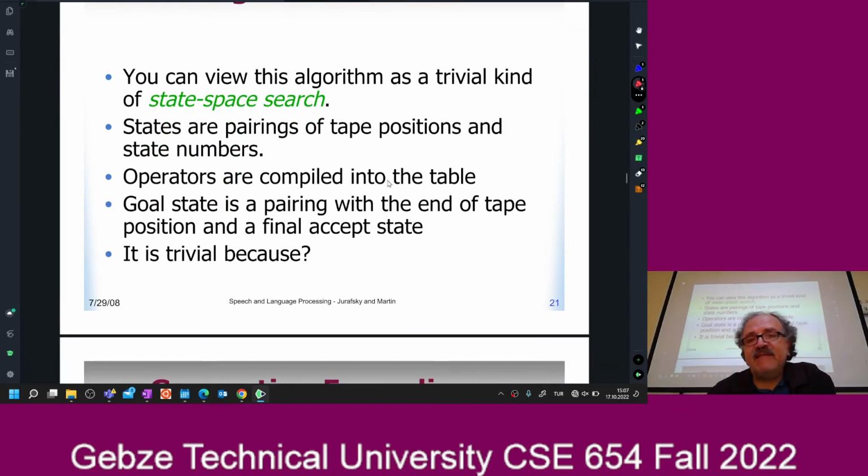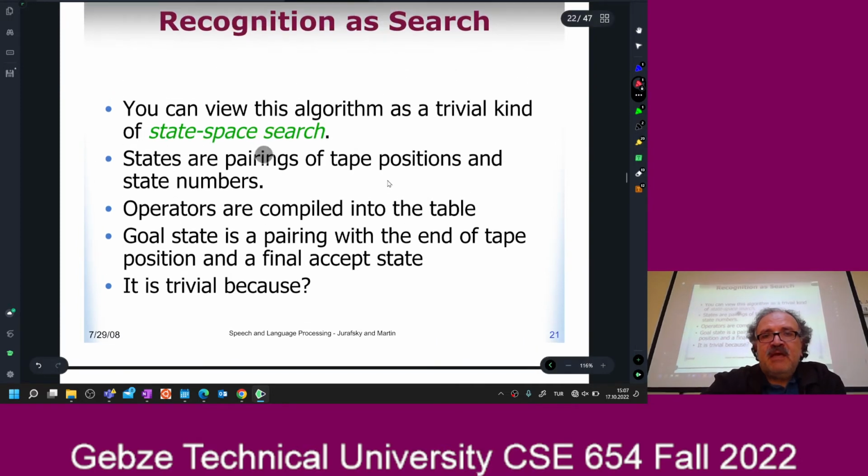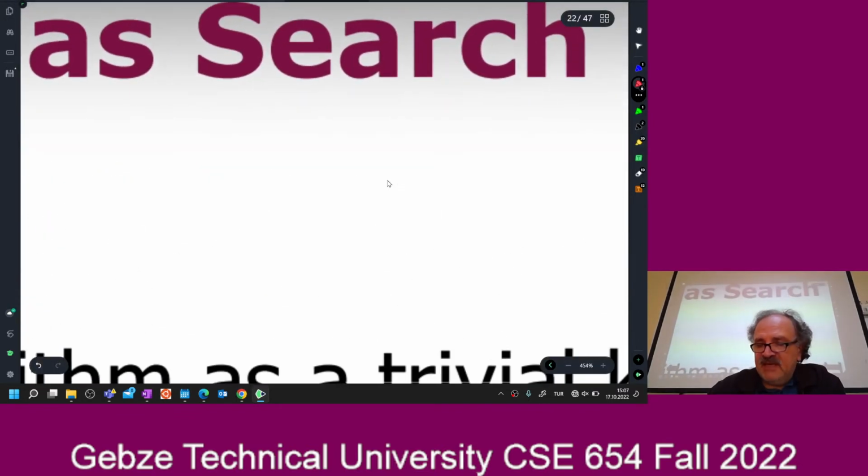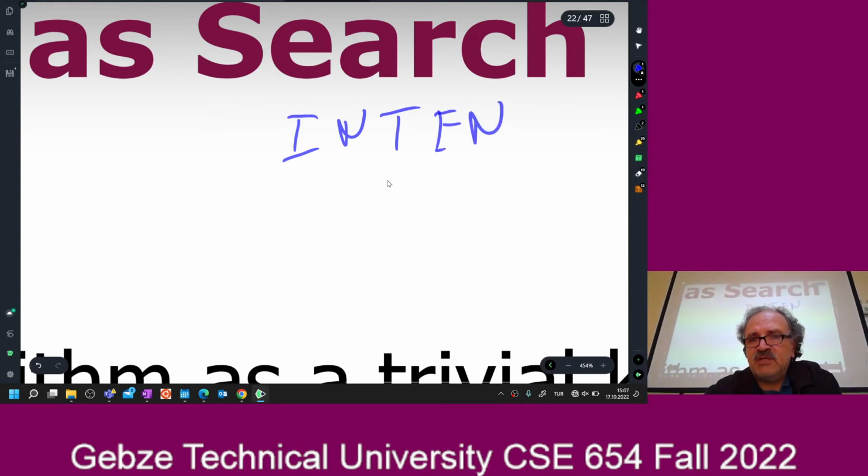Okay, let's see this non-deterministic finite state machine in an example, and we are going to do it as state space search. You guys remember state space search? I think I gave you this example. For example, from intention to execution, I can do three things, right?